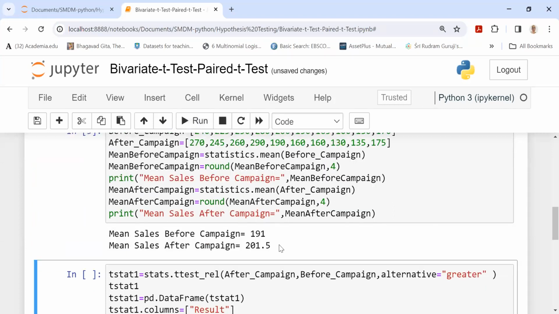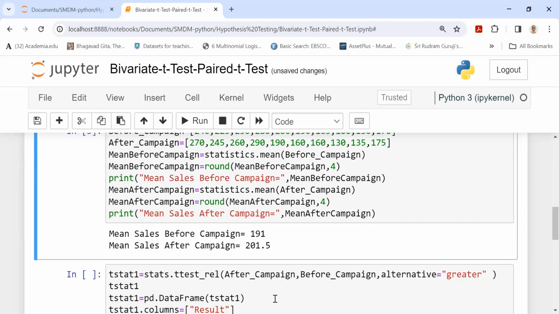So the mean sales before campaign is 191. Mean sales after campaign is 201.5. Prima facie, it looks the campaign has been effective. In other words, there is an improvement of 10 units. Each unit is 1,000 unit sales actually. So the sales have improved by 10,000 units, sorry.